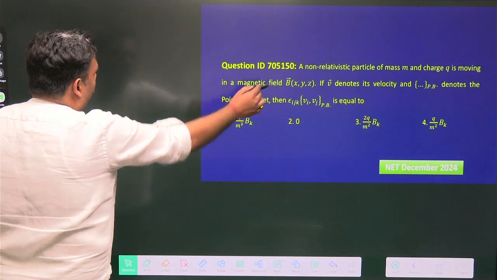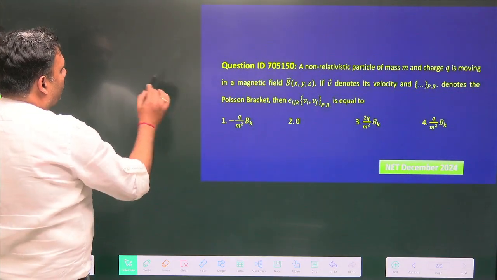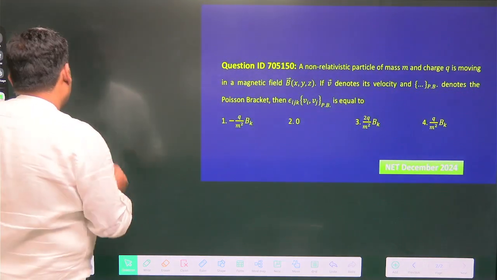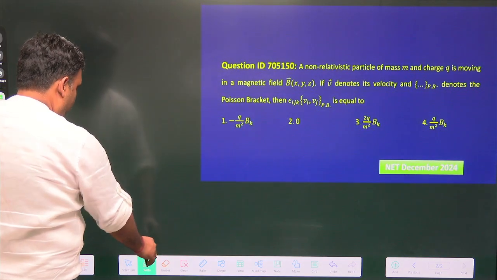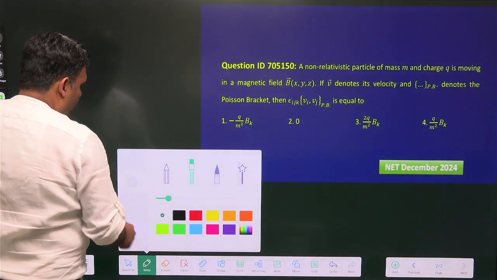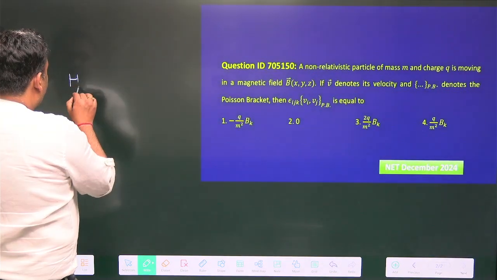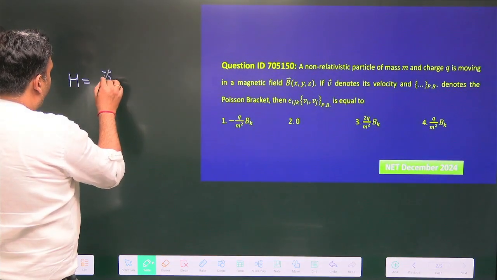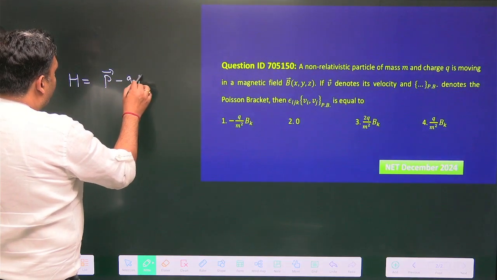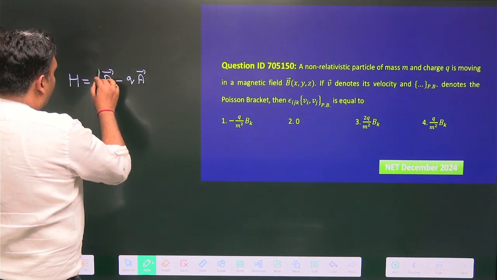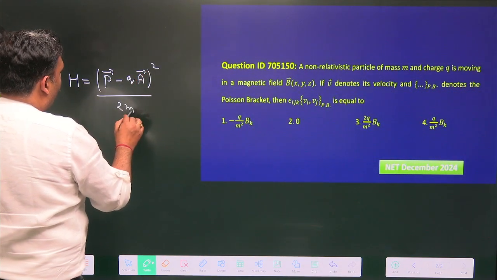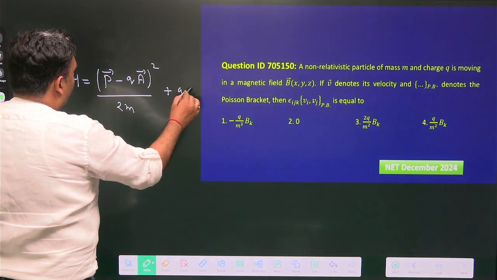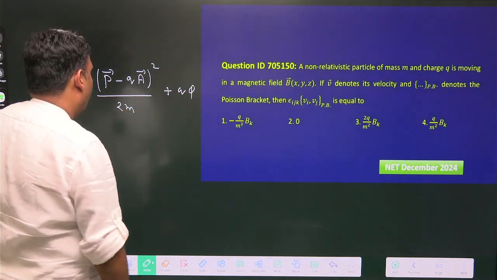If we have this magnetic field B, there is an associated vector potential A. So the Hamiltonian of the system is H equals (P minus qA) whole squared upon 2m, plus q phi.